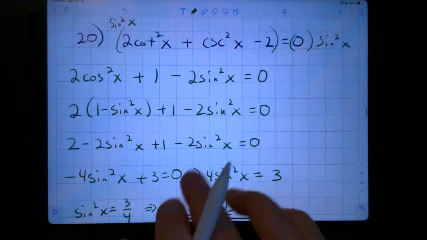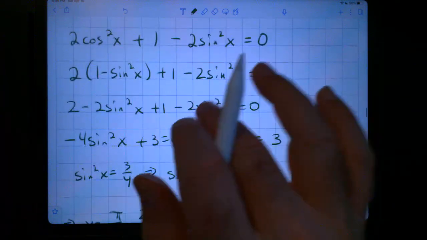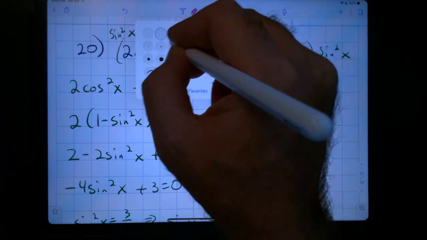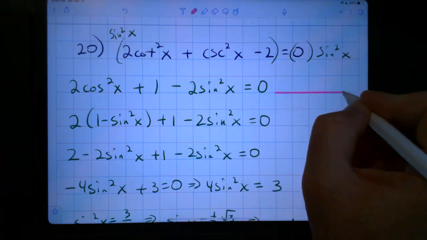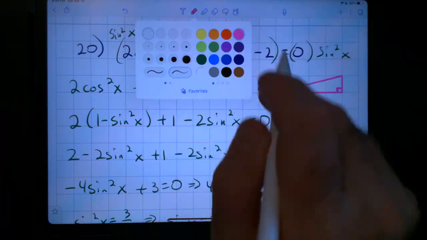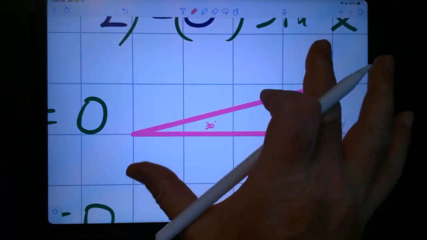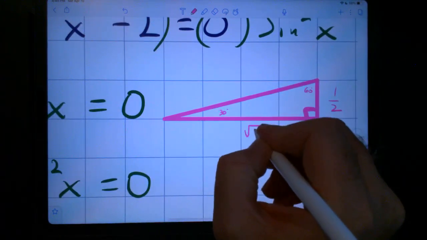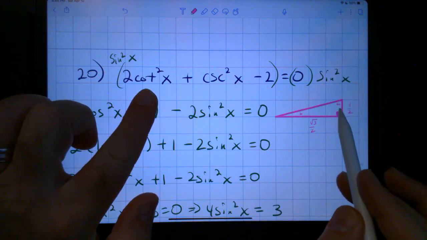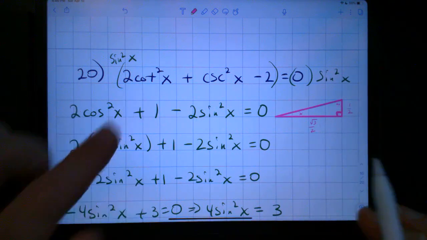So pi over 3. Cotangent of pi over 3 is going to be adjacent over hypotenuse. This is going to be 2 over radical 3.